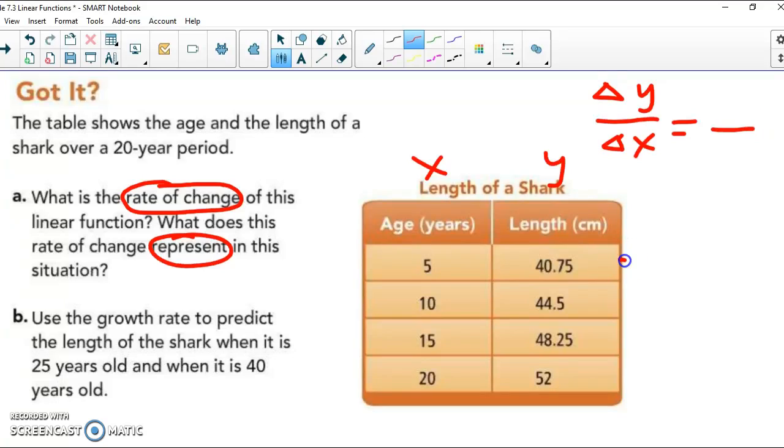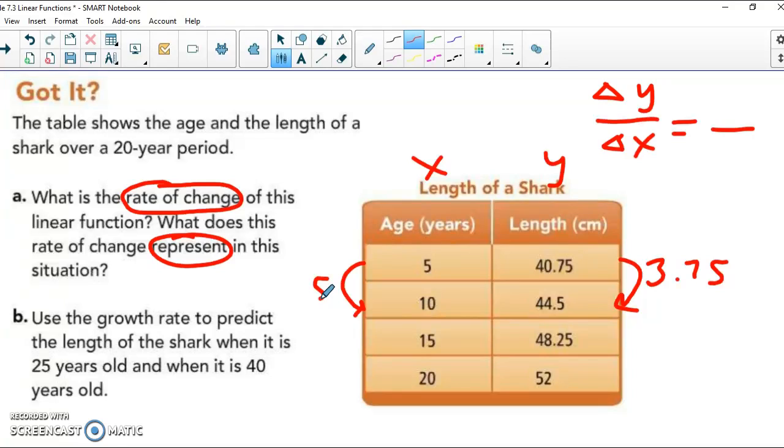So as I look at my first 2 points, to get from 40 7/5 to 44 5/10, I see that this is an increase of 3 7/5. In my x values, I am increasing by 5.